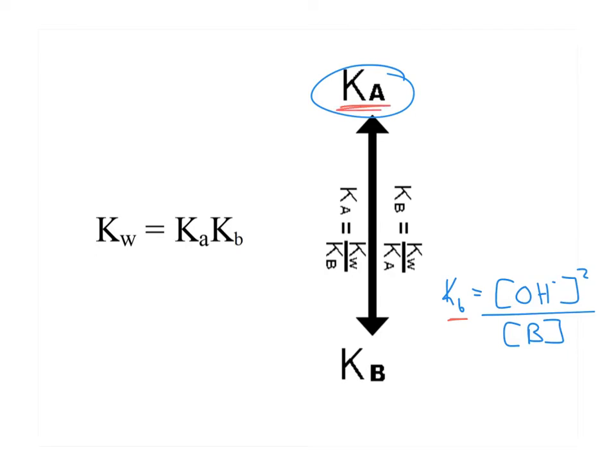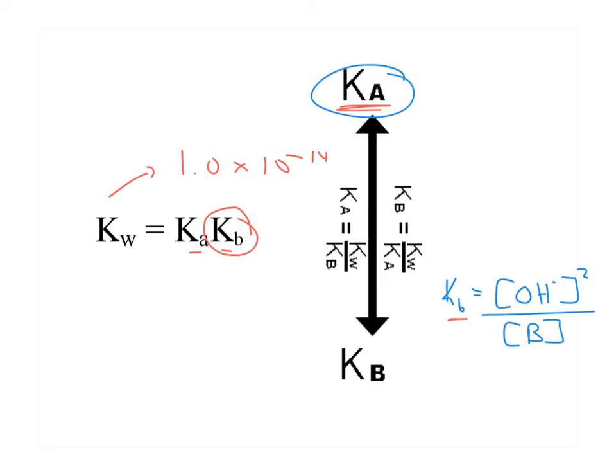Our data booklet gives us Kas. It doesn't have a column for Kbs. However, we can find Kb because just like Kw is the hydronium ion concentration times the hydroxide ion concentration, it is also equal to the Ka times the Kb.